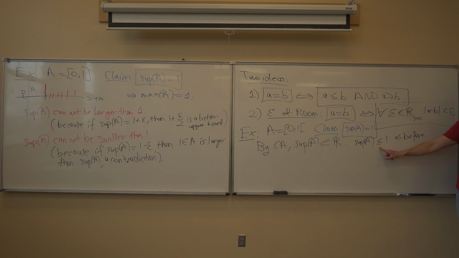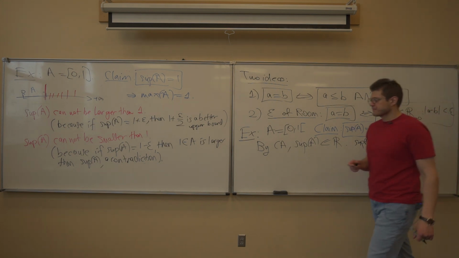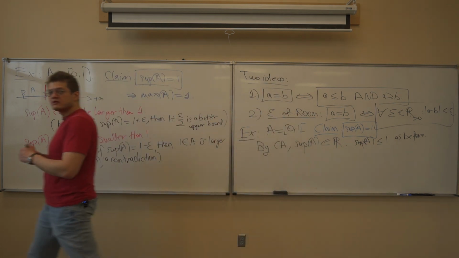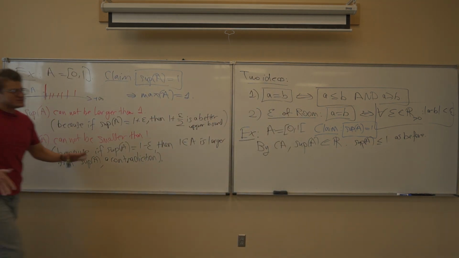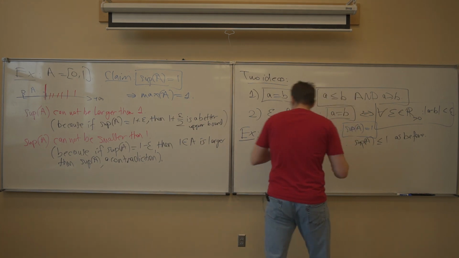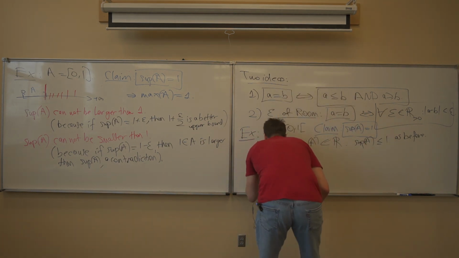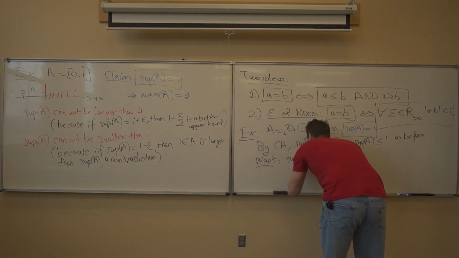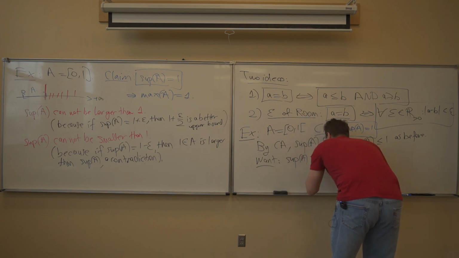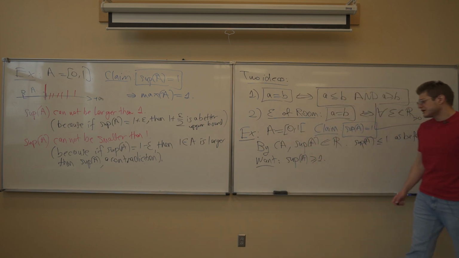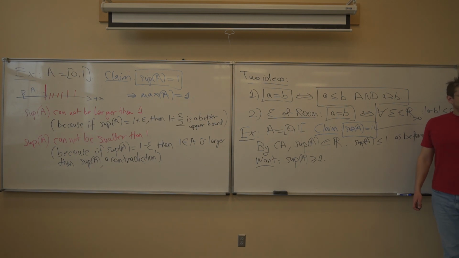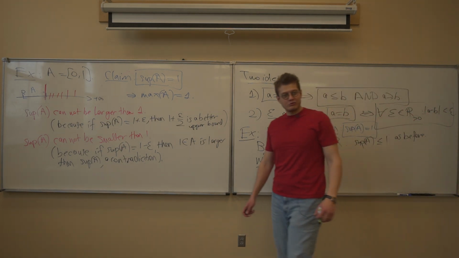The question is, is it actually equal to 1, or can it be any number less than 1? Any guesses as to how to argue? Let me just say that the claim is true, so I also want that sup of A is at least 1. If sup of A equals 1 minus epsilon, then 1 minus epsilon over 2 is still in A. Exactly, yeah, you can do that.